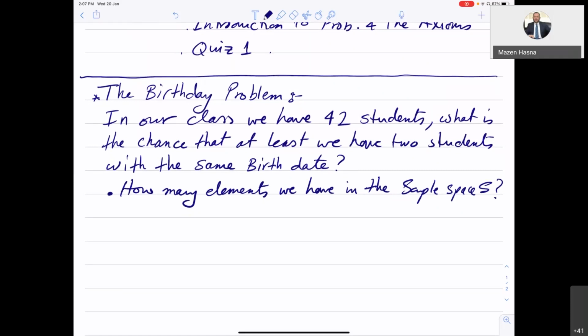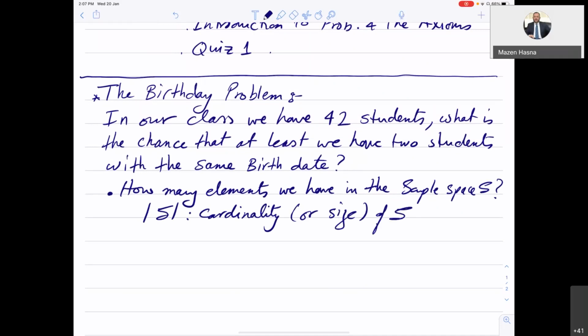And this is what we call the cardinality or size of S. So we denote it like this, absolute value of S.